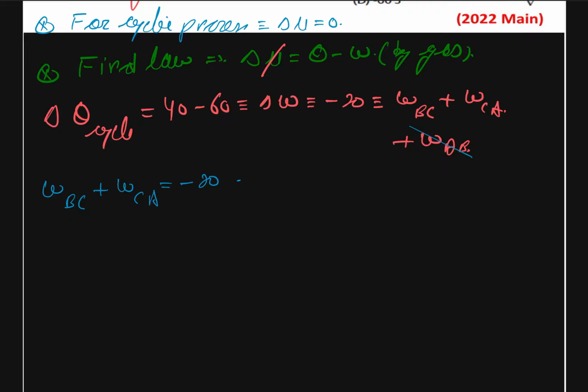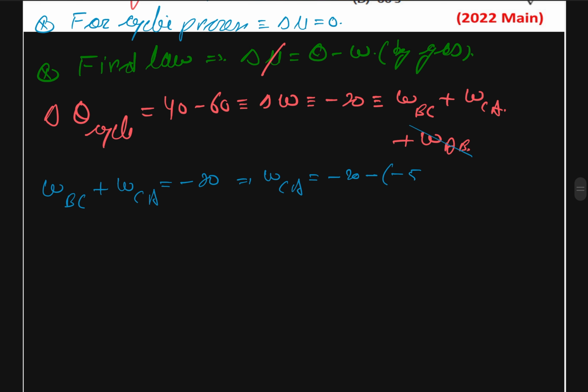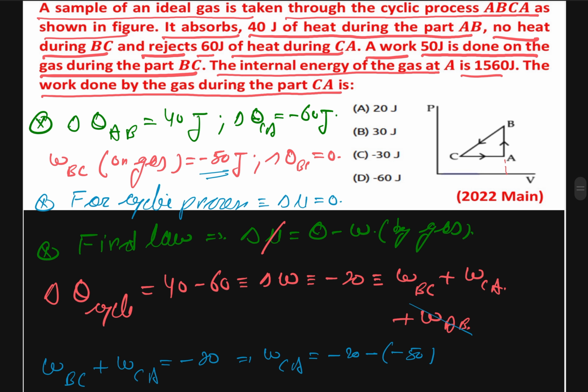And so from here we can say our W_CA will be equal to minus 20 minus W_BC. But W_BC is minus 50. So this comes as minus 20 plus 50, and this will be plus 30 joule. So option number B is correct.